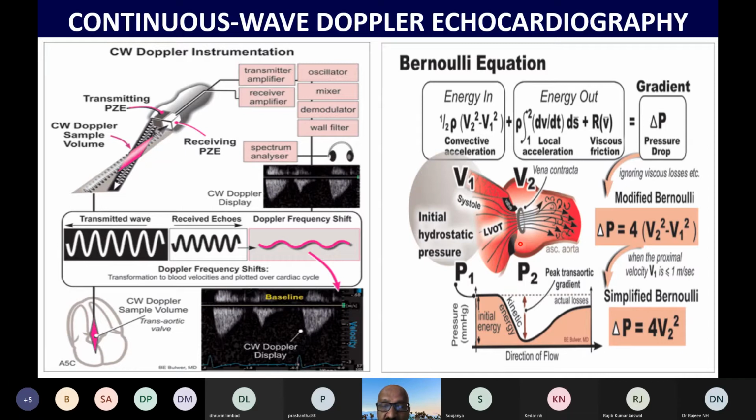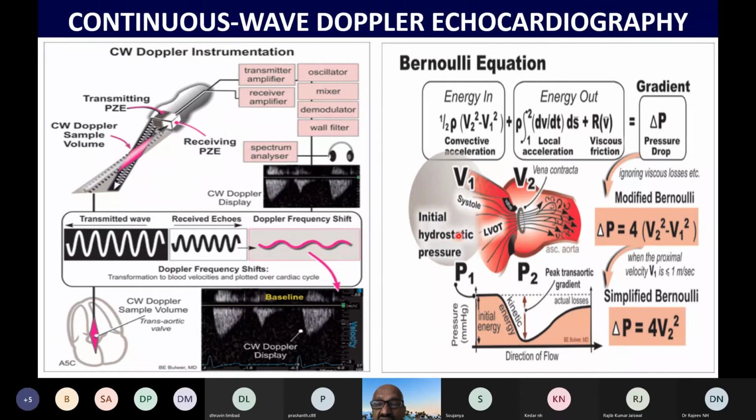is a drop in the blood, a loss of pressure here. There is a pressure drop which occurs across the flow through the narrowed orifice.